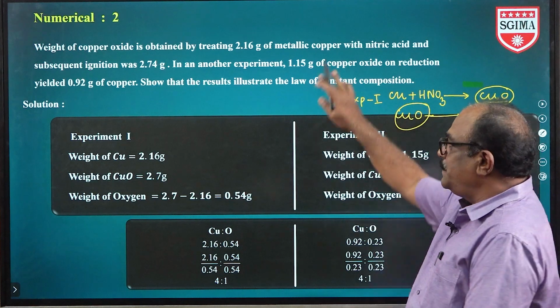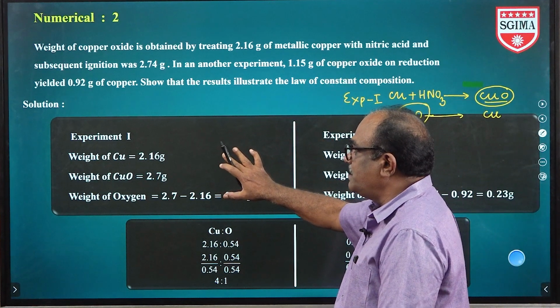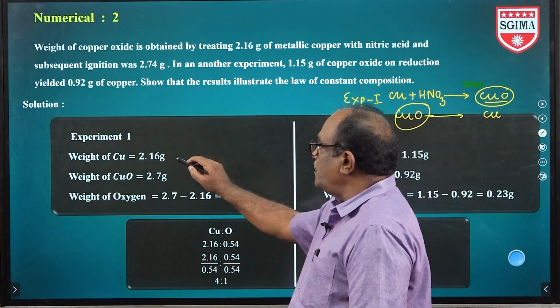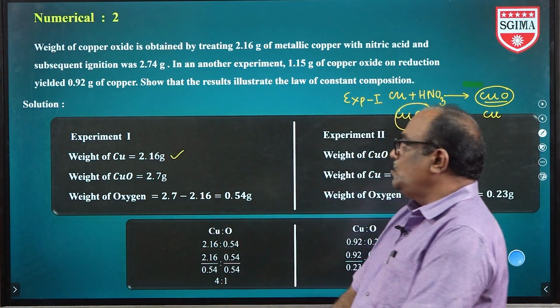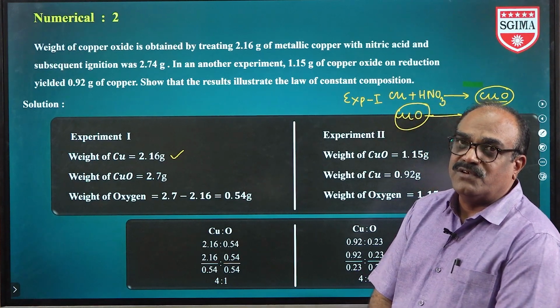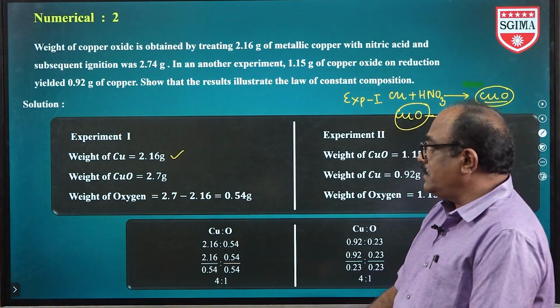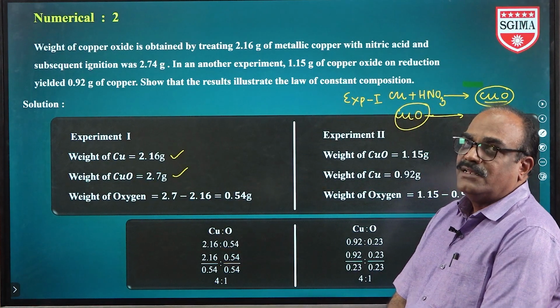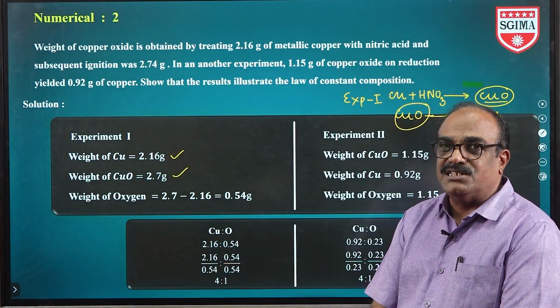So, the experimental data can be kept on paper like this. First experiment, the weight of copper oxide is given, 2.76 grams. Weight of copper is given as 2.16 grams. From that, the copper oxide you obtained will be 2.7 grams. So, what will be the weight of oxygen in this process?